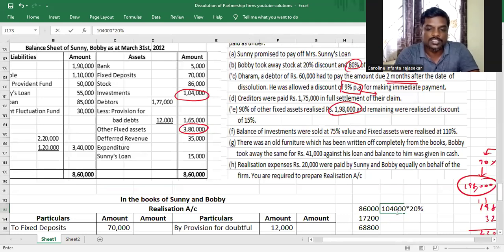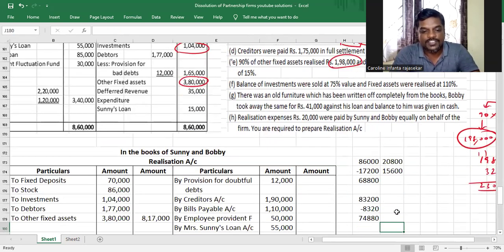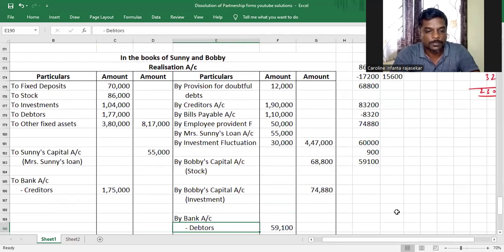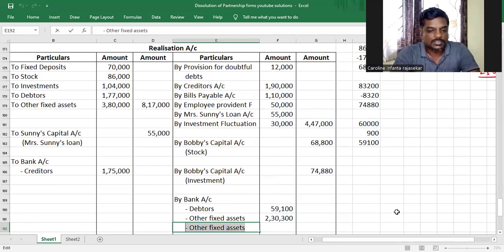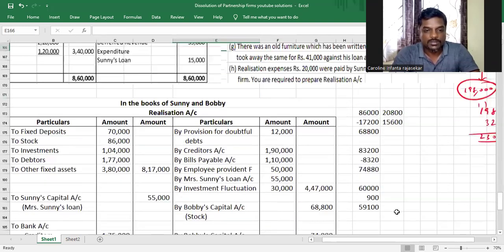The balance of the investment is 20,800. But this 20,800 only realized 75% of its value. That will be 15,600. So the balance of the investments is 15,600. Okay, that's done, my dear children.